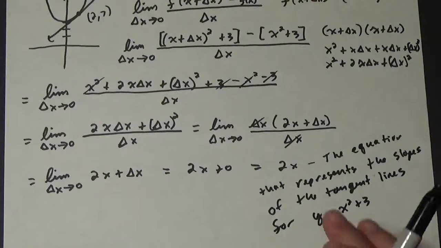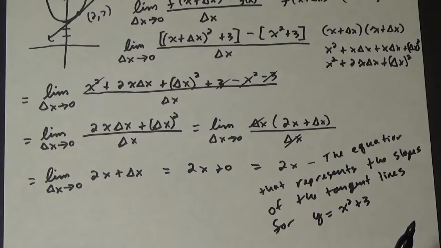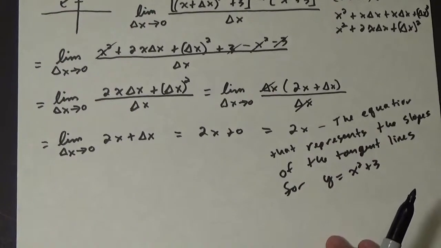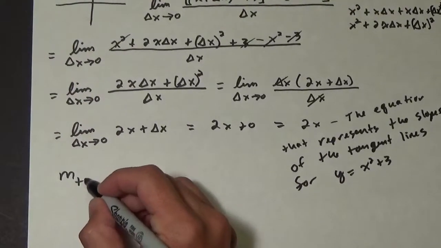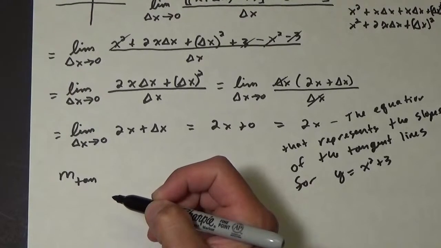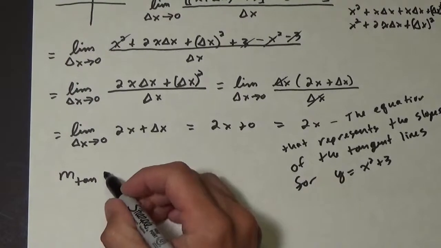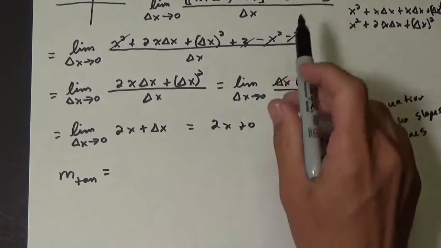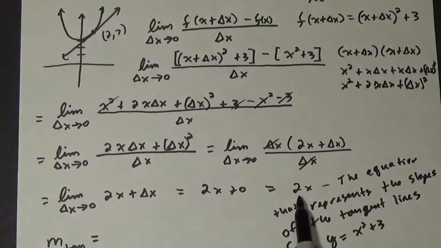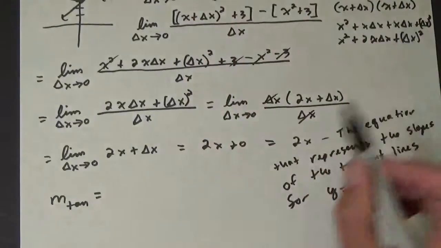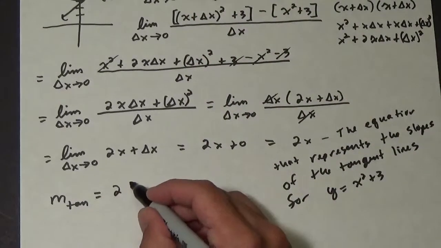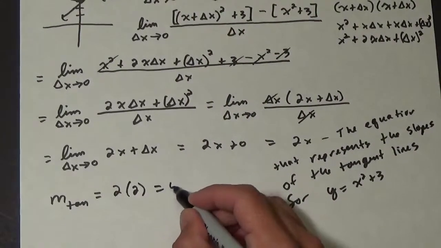So the next part is we have to use this equation. So to get the slope of the tangent line, what we need to do is we need to take, well, it says it's 2x, so we need to take the x value, which is 2. So we'll put in 2 times 2, which is 4.